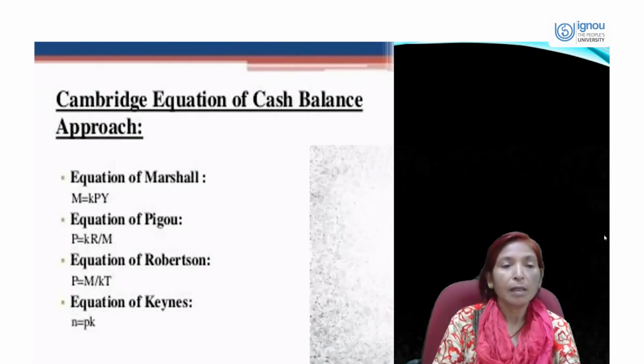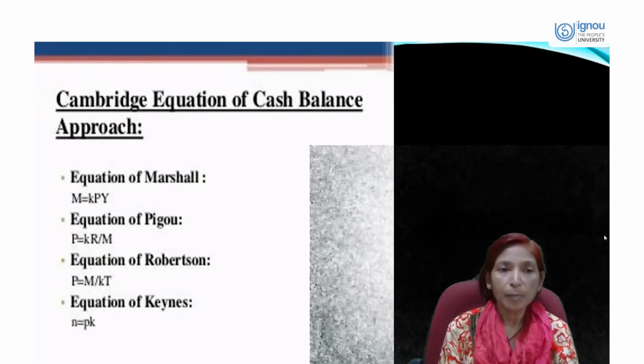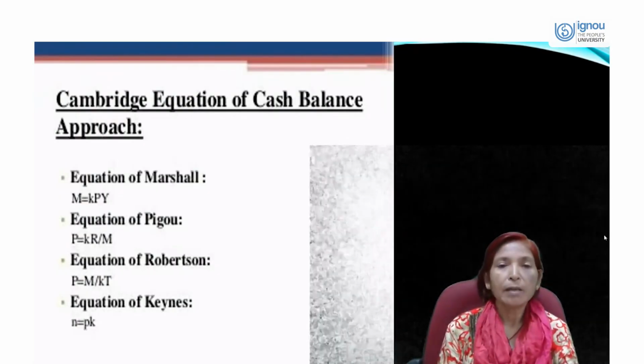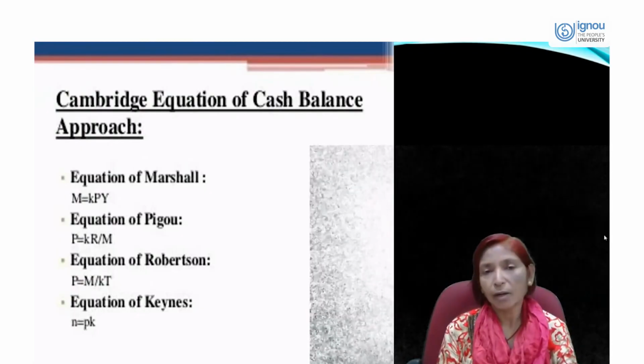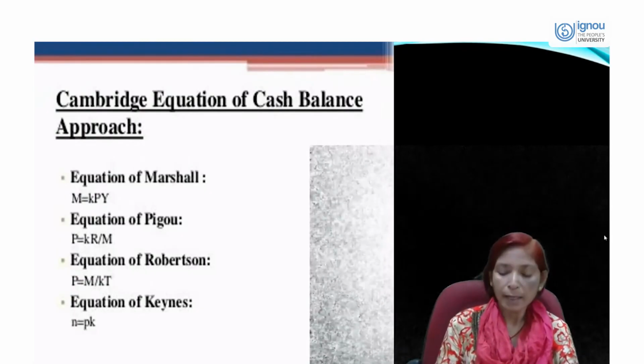So these are the different equations of the cash balance approach propounded by different Cambridge University economists like Marshall, Pigou, Robertson, and Keynes.